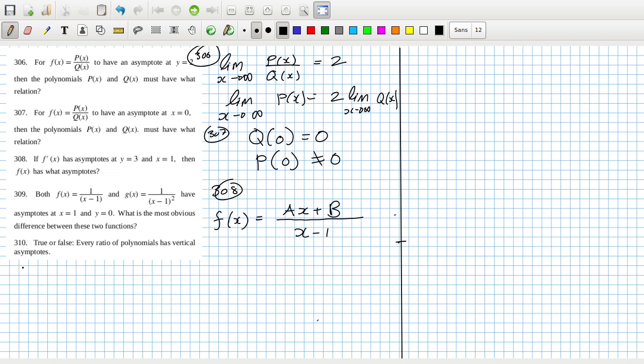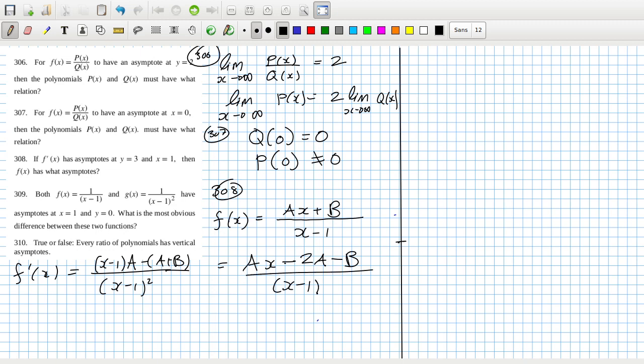So then the derivative would be the bottom squared, the bottom times the derivative of the top minus the top times the derivative of the bottom. So that would be ax minus a minus 2a minus b over (x minus 1) squared. So we need the a definitely has to equal 3.